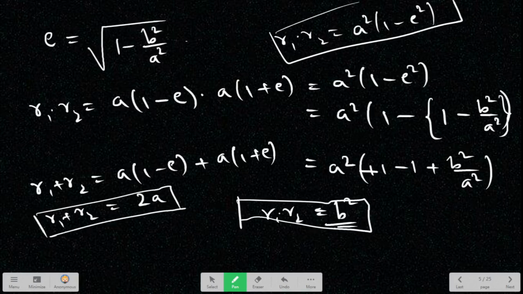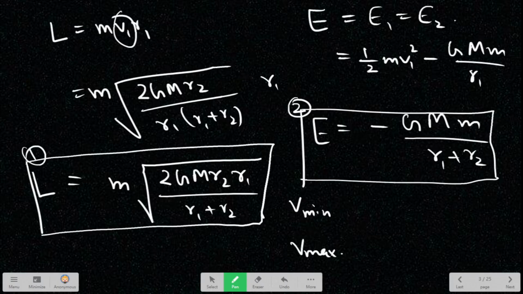Now if you put these results in the earlier derived results, then you will get the expressions for angular momentum, energy, V1, V2 in terms of ellipse parameters. So that's what we are going to do now.